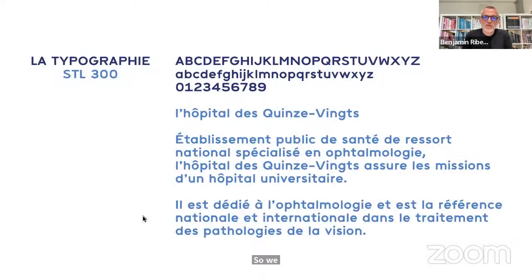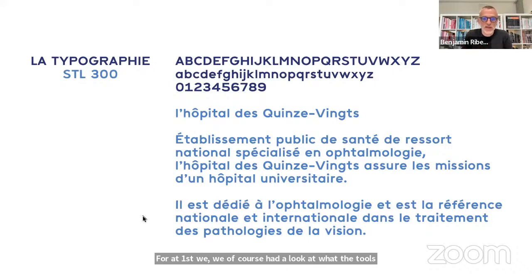At first we of course had a look at what tools the hospital had at hand, and they had some sort of corporate design tools such as this type, which was much more made for editing some of the documents that they were editing at the hospital.